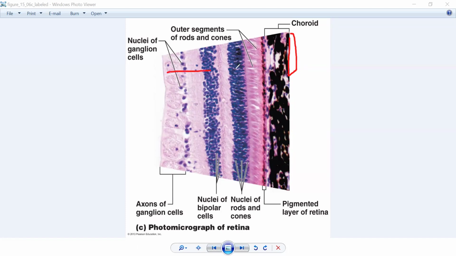That way, if light misses the photoreceptors, it gets refracted, bent back onto the photoreceptors to stimulate them again. So organisms with a lighter colored choroid can see better at night.